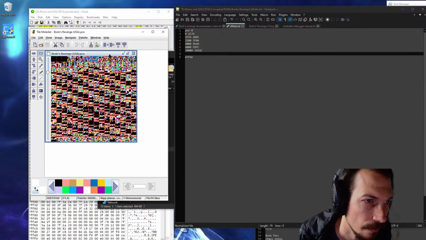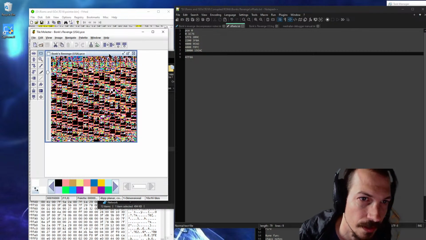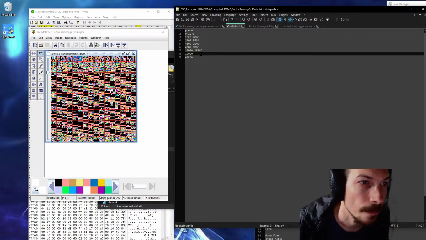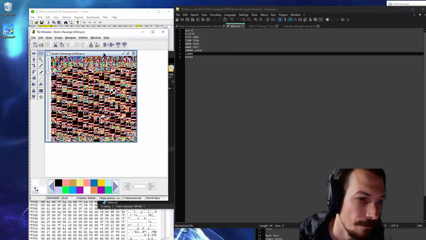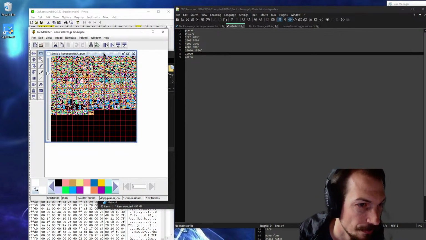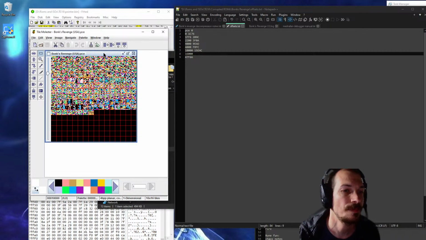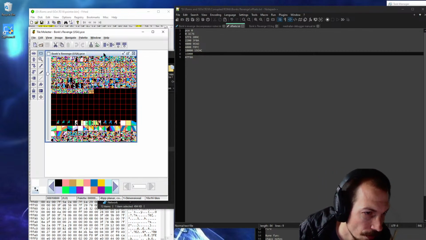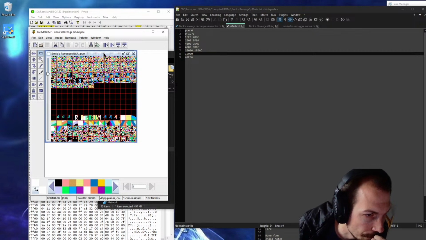Next up is 1600. Let's see here. That bank's good. That one definitely isn't. There's a lot of empty space there, and it also contains all this data that I am not familiar with.